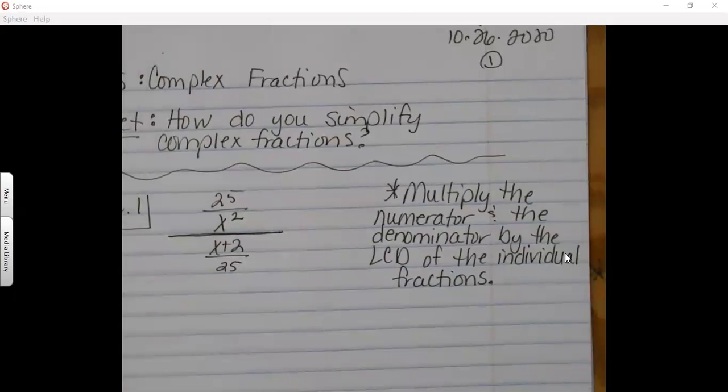In the bottom fraction, the denominator is 25. We're looking for the least common denominator. x squared times 25, which we would call 25x squared, right? So I'm going to multiply each fraction by 25x squared.